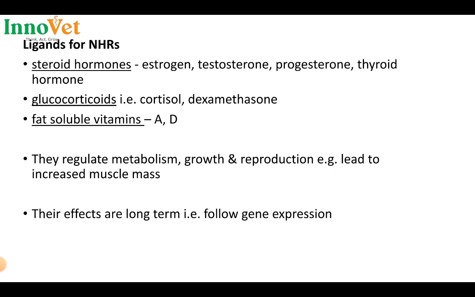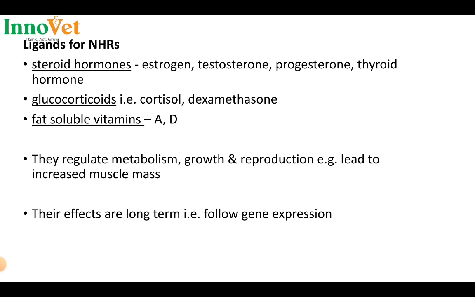So what are the examples of ligands for these receptors? Remember, we are looking at ligands that are hydrophobic. So we have steroid hormones such as estrogen, testosterone, progesterone, and thyroid hormone.